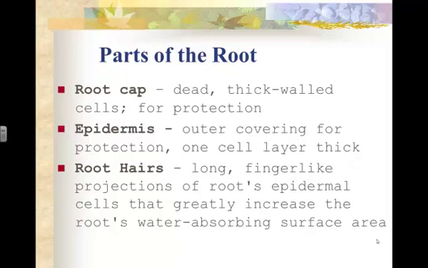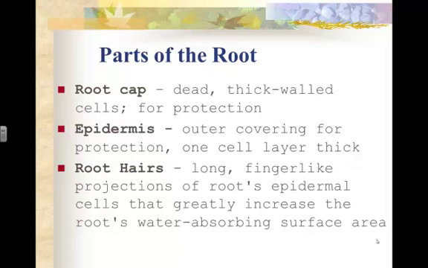Now let's get inside the root, and also on the external part. On the external part of a root, remember that a root is having to grow as it gets longer through soil. Now, what is soil made up of? Rock fragments. So can you imagine those new delicate tissues, those new cells being made to push down through the soil?